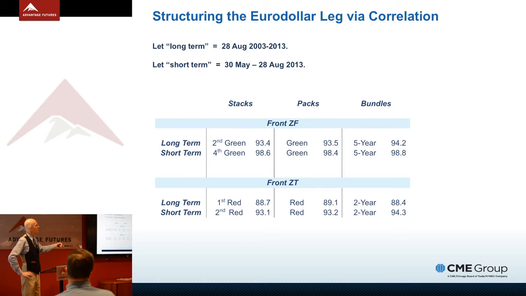If the 2-year is what interests you, actually the red pack would be your winner there, maybe the first red in the Eurodollar strip. But you'd be aiming for combinations in which the price dynamics correlate very highly.